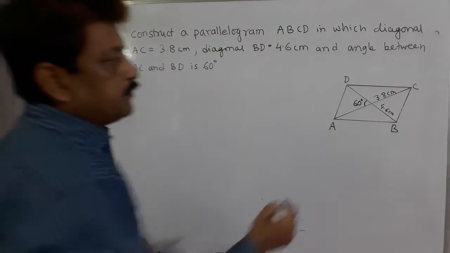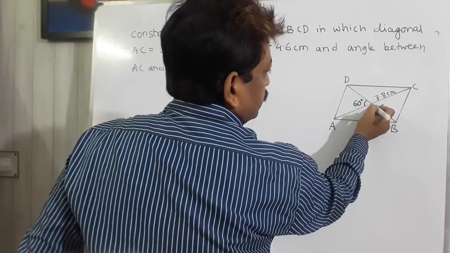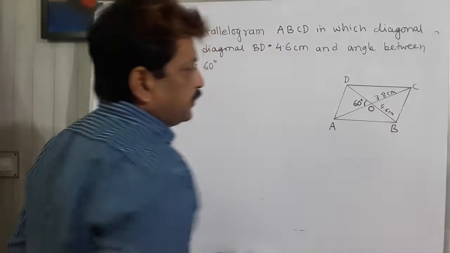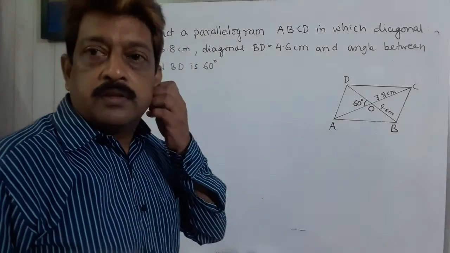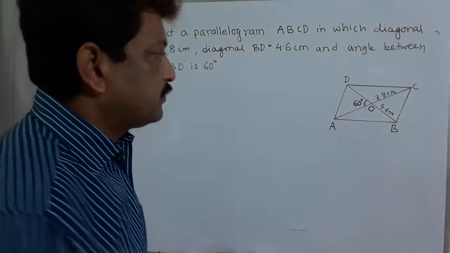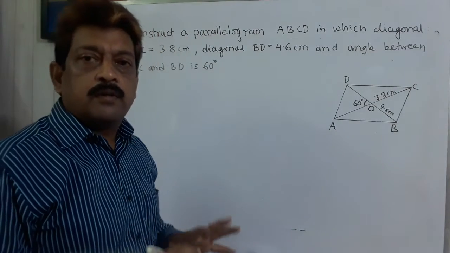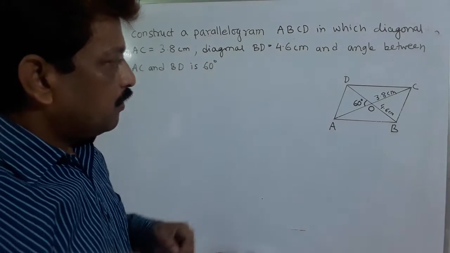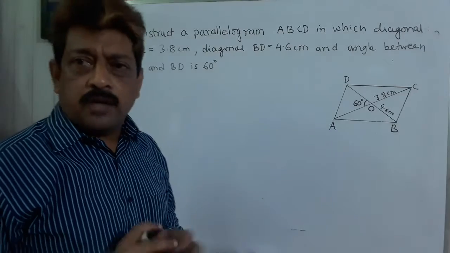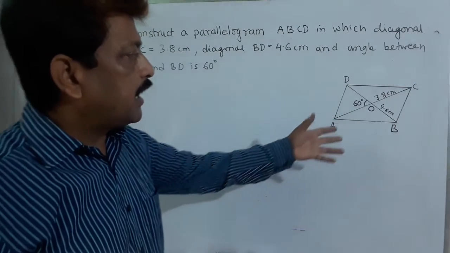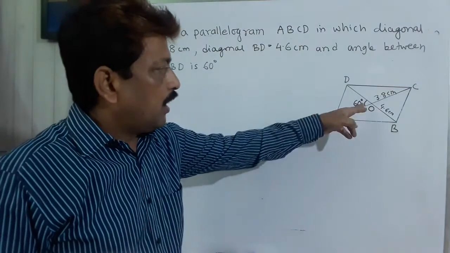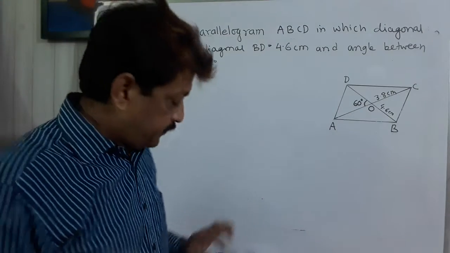So this is the midpoint. You know, the point of intersection of the two diagonals is actually the midpoint of both the diagonals, as the diagonals bisect each other. Now first of all, let me start with any one of the diagonals, either BD or AC, and draw 60 degree between them.